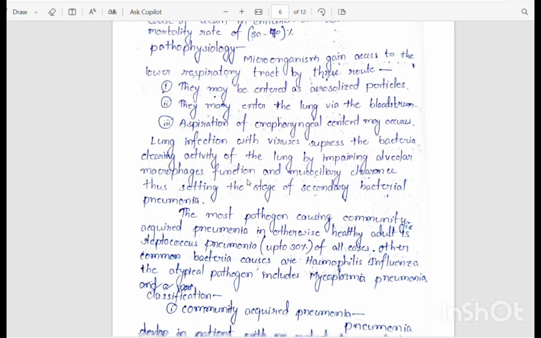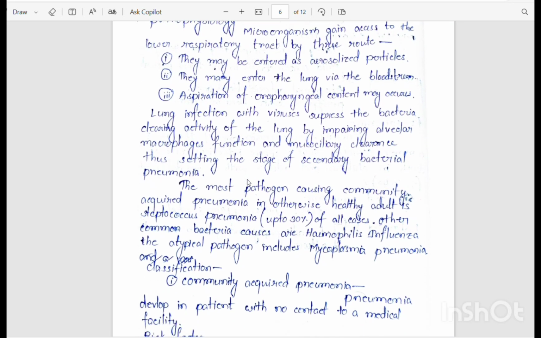Lung infection with viruses suppresses, meaning reduces, the bacteria killing activity of the lungs. Viral infection reduces the bacteria killing activity of the lungs by impairing alveolar macrophage function, so they reduce the killing of bacteria in the lungs.